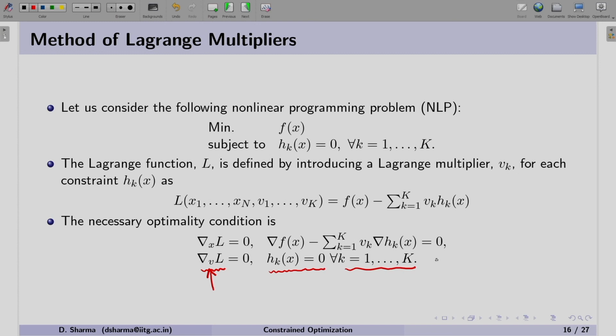This means that the necessary optimality conditions for a Lagrangian function are based on the first equation and the second set of equations. Both of them give us the optimality condition for the given nonlinear programming problem. As of now, we have just taken the equality constraint.